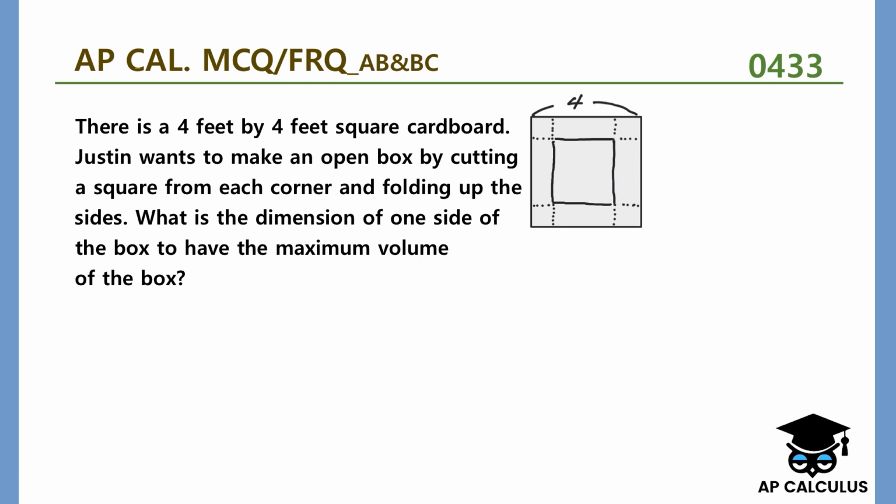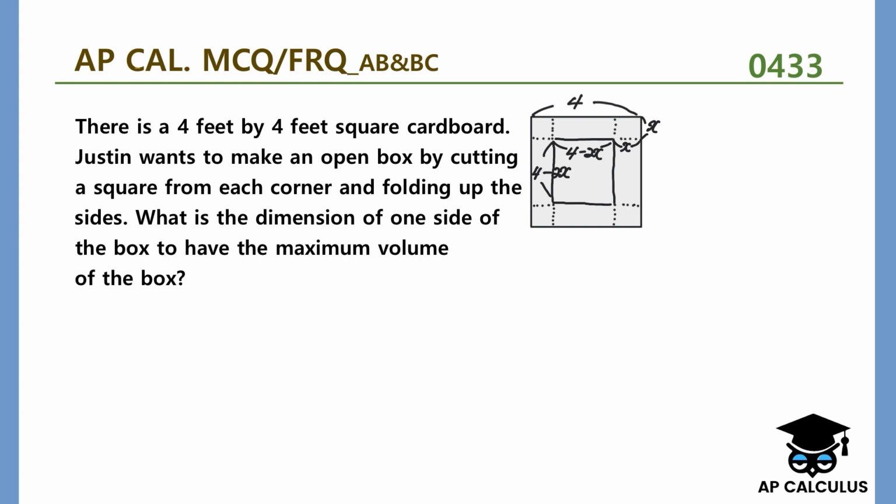Okay, let one side of the square cutting be x. So here we have x. Then the side of the base of the box will be 4 minus 2x, right? Here we have 4 minus 2x.